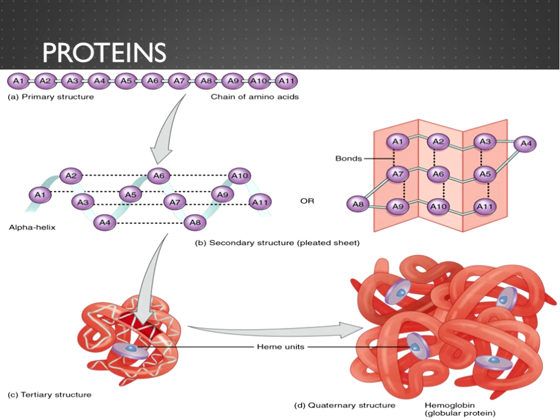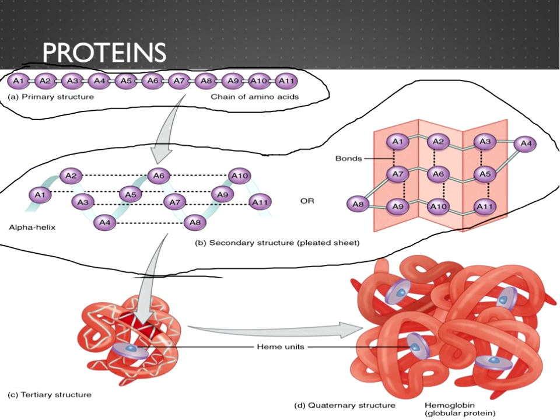So that's it. You're going to create a primary structure first. This is the most basic structure of a protein. If the structure gets more complicated or more complex, it can become a secondary structure, like a helix or a pleated sheet. So this is all secondary.